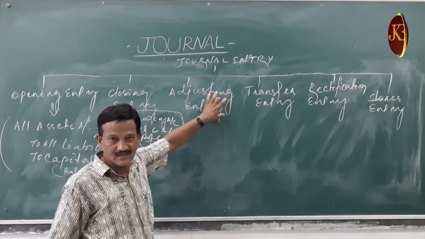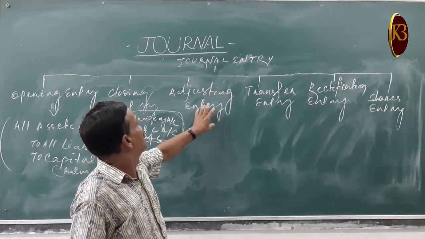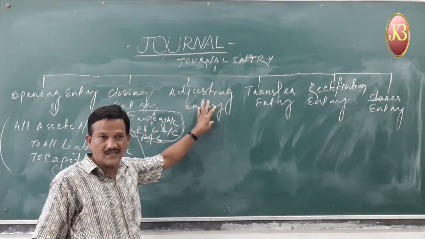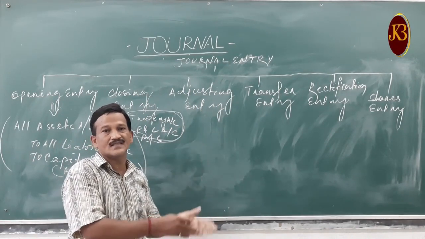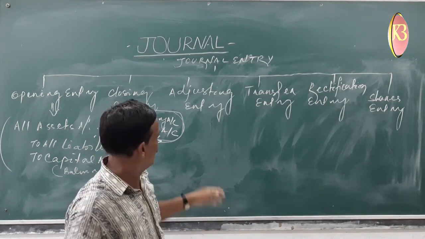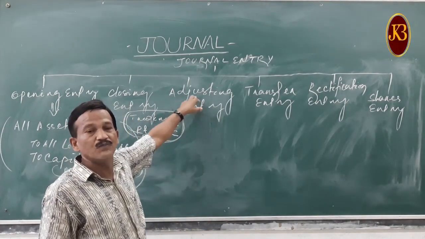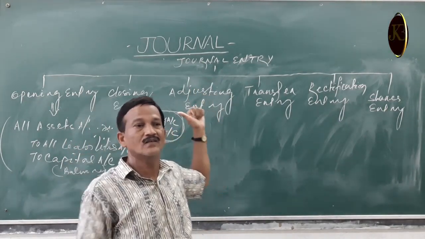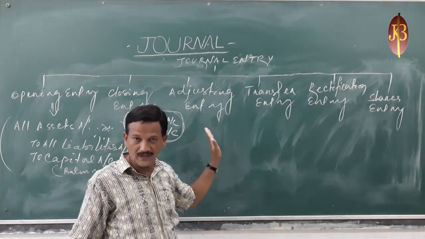Then adjusting entries. Adjusting entries are the entries to be adjusted for expenses, incomes, depreciation, interest on capital, etc. That means 12 months of transactions are to be recorded in the books of accounts.